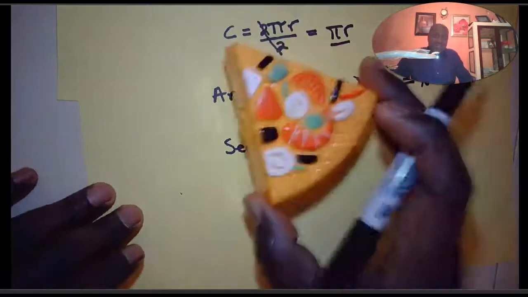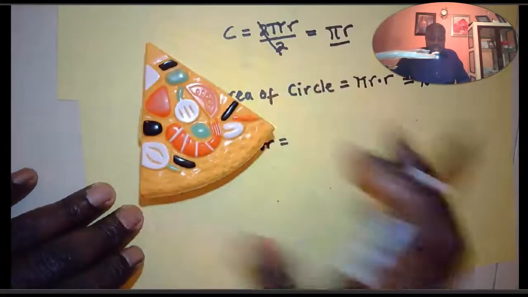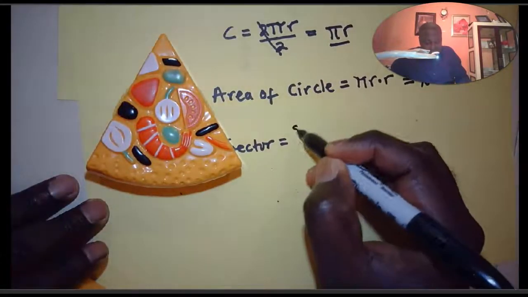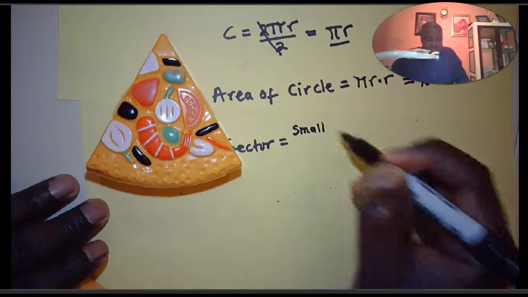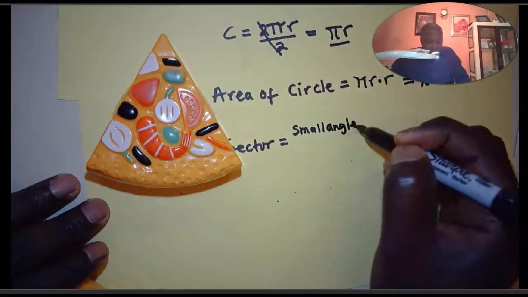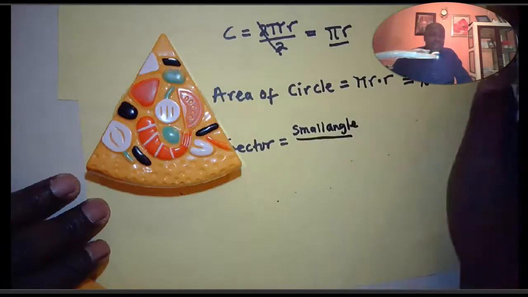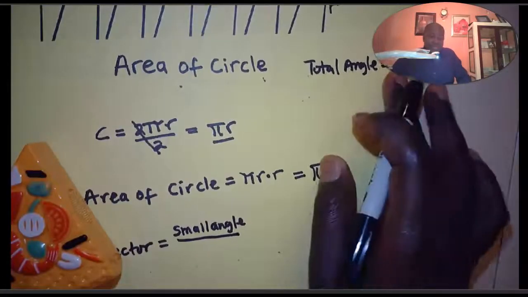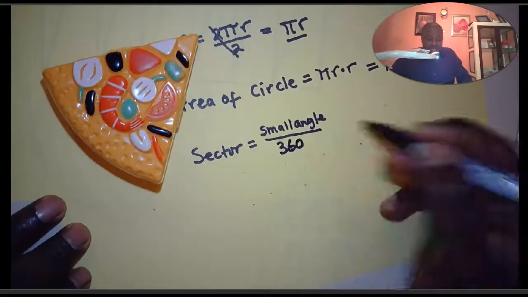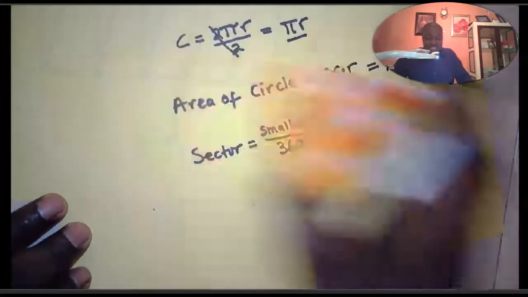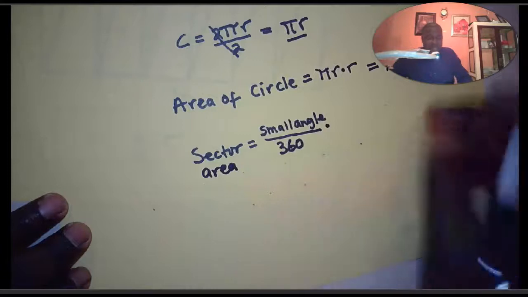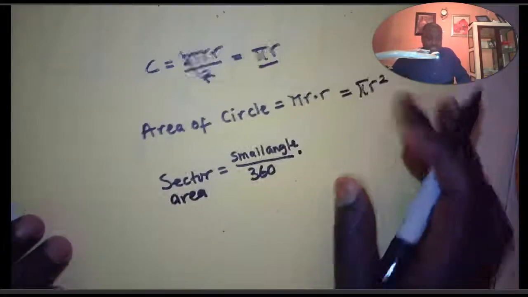So this little slice here is a sector. It is a small angle over the big angle, the total angle that we wrote down, the 360, and it's just a portion of this area of a circle.